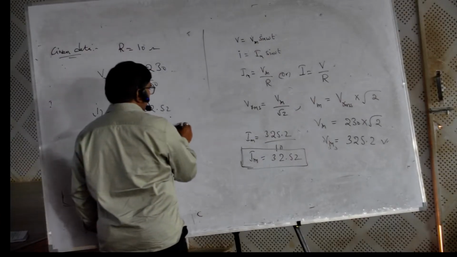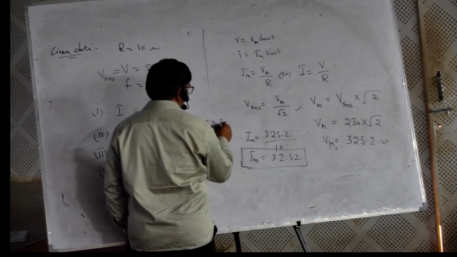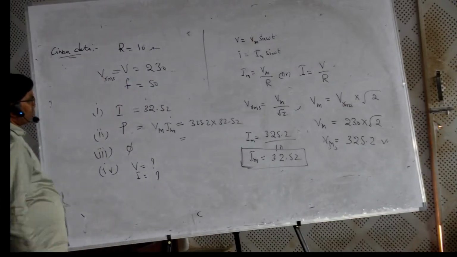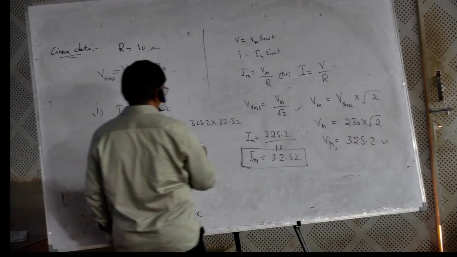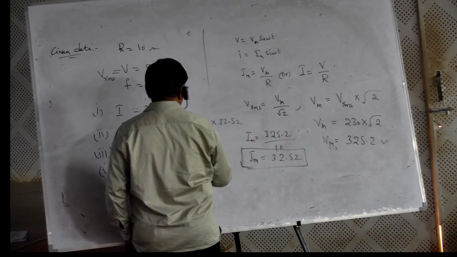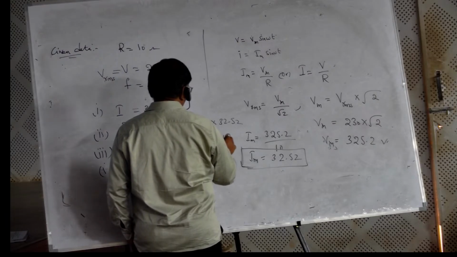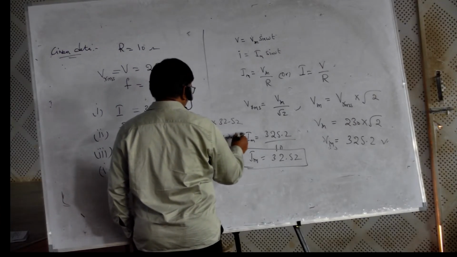Vm is 325.2 into Im 32.52, which is 10575 watts.